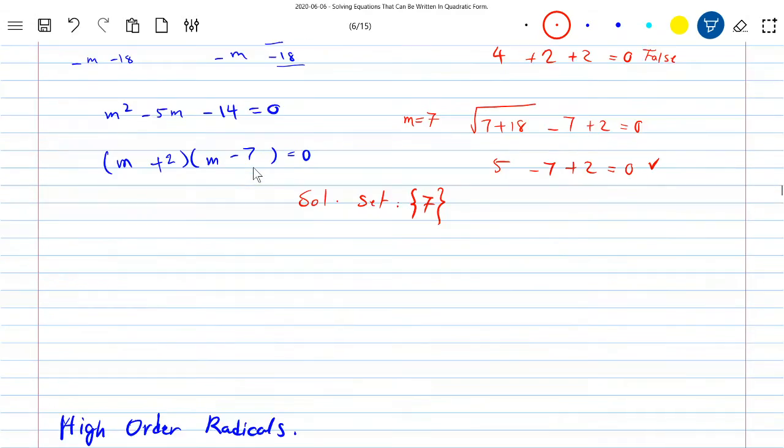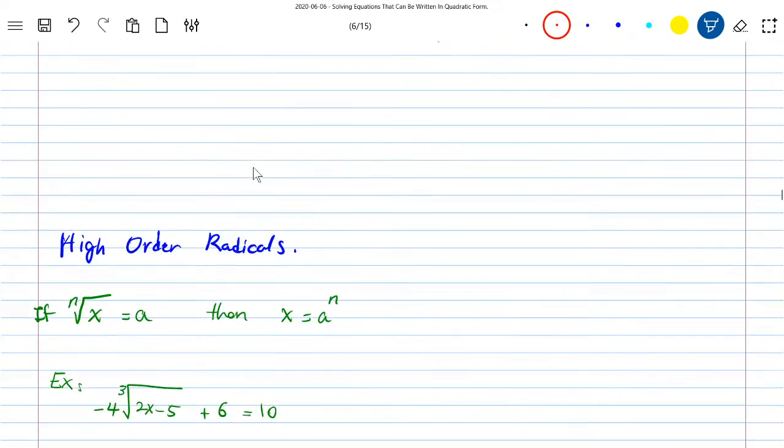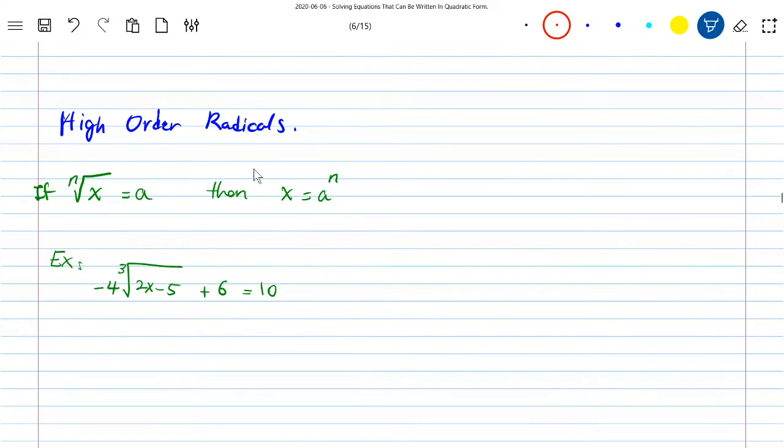Okay, these are mostly the types of radicals that we deal with. There's square root, second order of radical, but here we have a couple of examples of higher order. There's no difference.